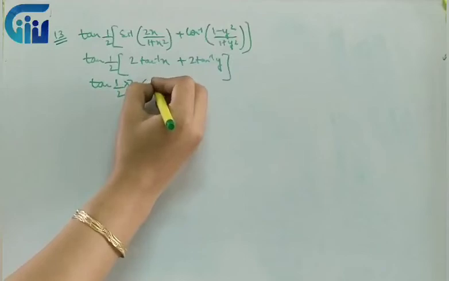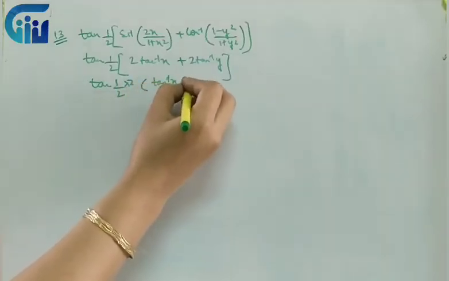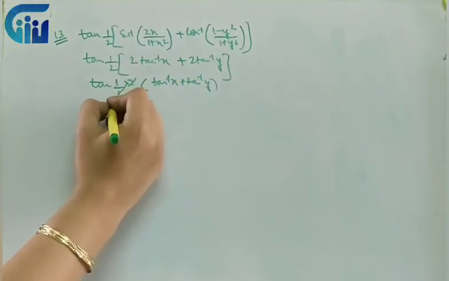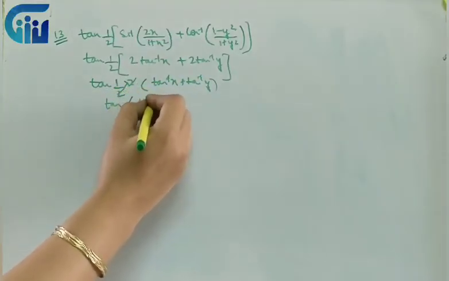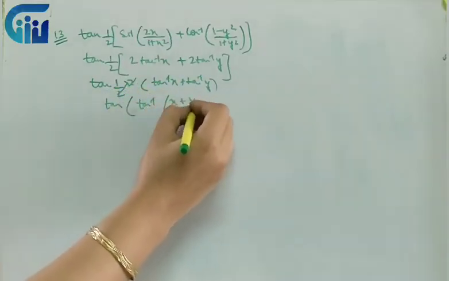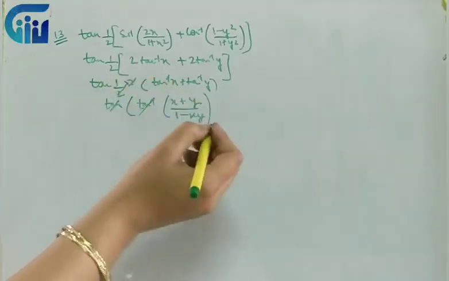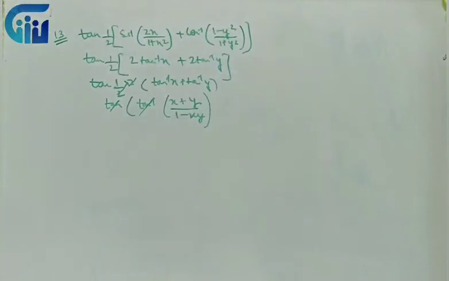So this way it is written tan inverse x plus tan inverse y, right? We can apply the standard formula, which is 1 minus xy in the denominator. So my answer will be x plus y upon 1 minus xy. Again a 1 marker question, right?